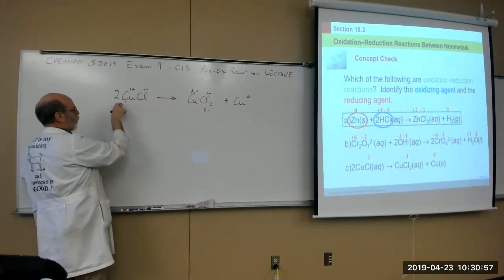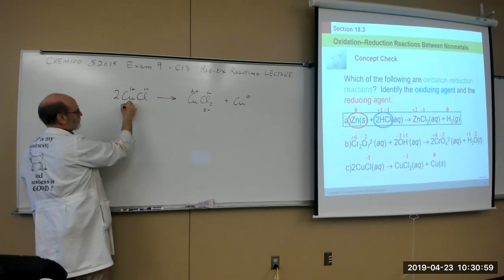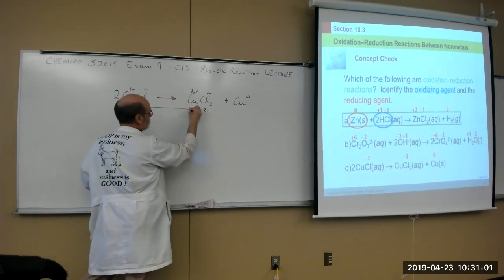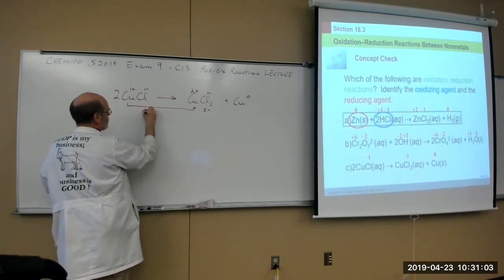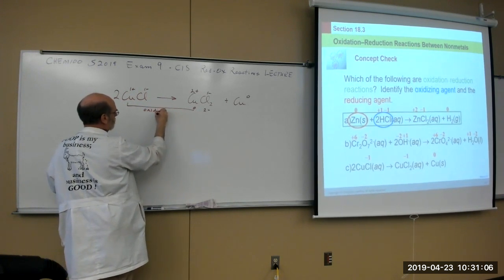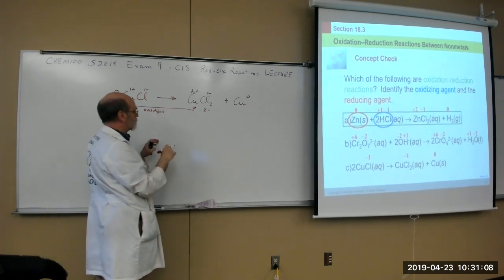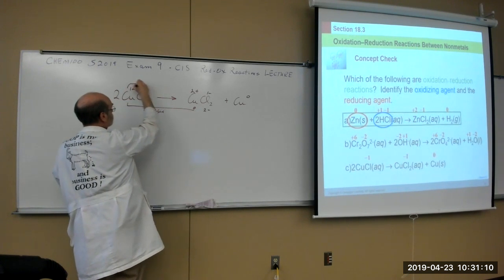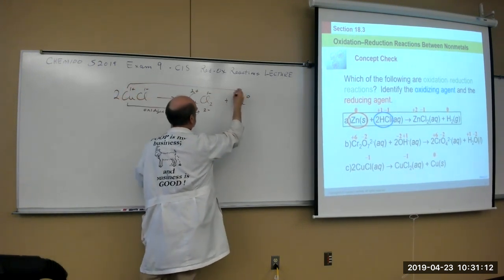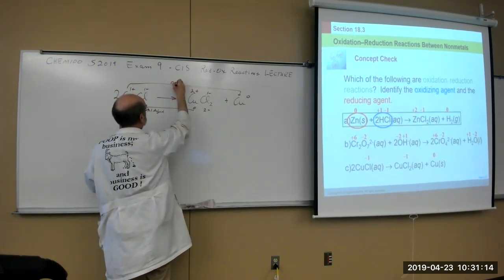So one of these coppers, there are two of them, one of these coppers was oxidized, means it's a reducing agent, and the other copper went to here. It was reduced.